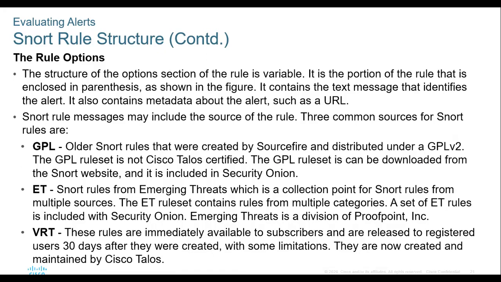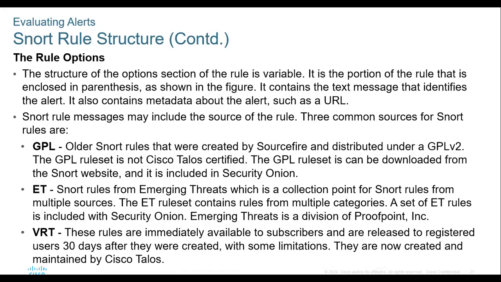The GPL rule set is not Cisco Talos certified. The GPL rule set can be downloaded from the Snort website, and it is included in Security Onion. When we talked about downloading using the PulledPork, you can download the rules and include them into Security Onion.